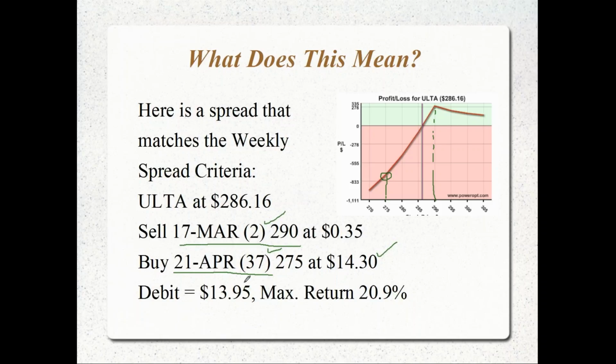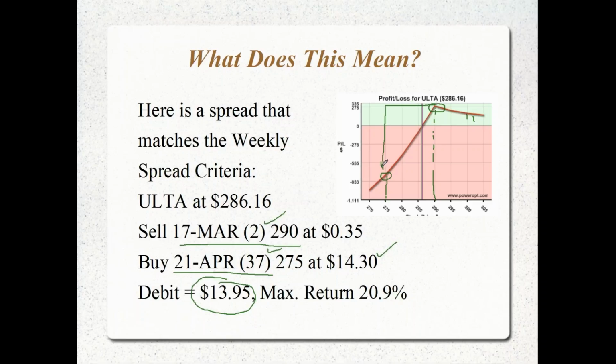Okay? But the net debit of this transaction is $13.95, which means that if for whatever reason, of course we're going to skip earnings, Alta does not have earnings coming out between now and Friday's expiration. But if the stock suddenly gaps up to 300 or 305 tomorrow morning, overnight, and we get assigned early at this 290, remember, I don't own the stock.